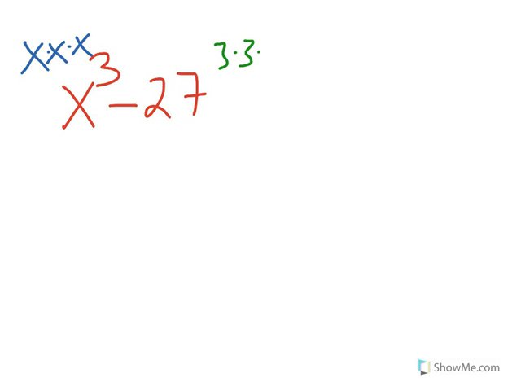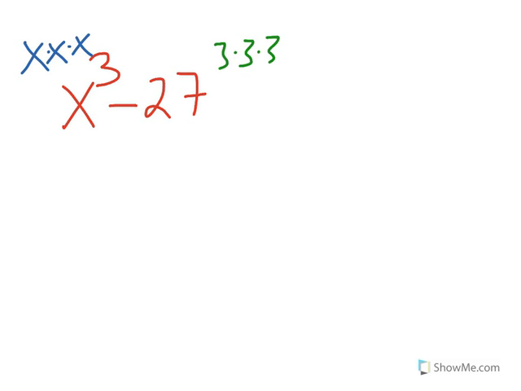Alright, so I'll take x cubed minus 27. So first things first is, how do I get x cubed? Well, that's x times x times x. How do I get 27? That's 3 times 3 times 3. So all we're doing is breaking it into the equation.